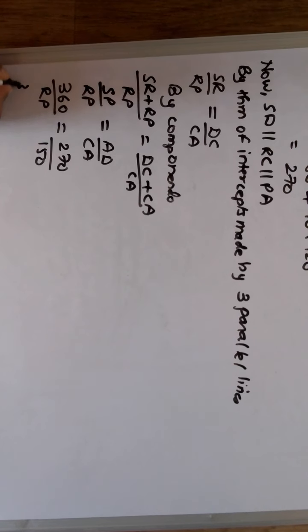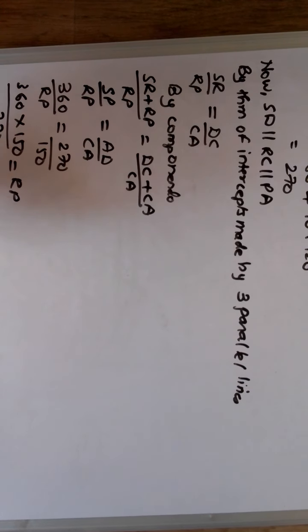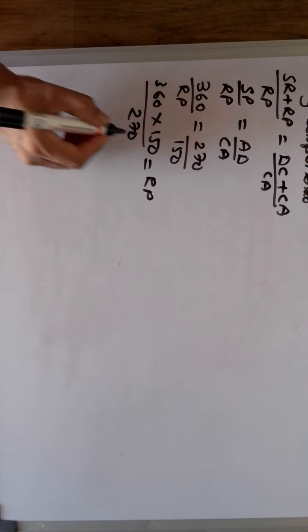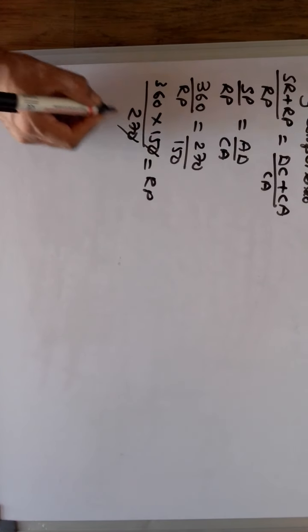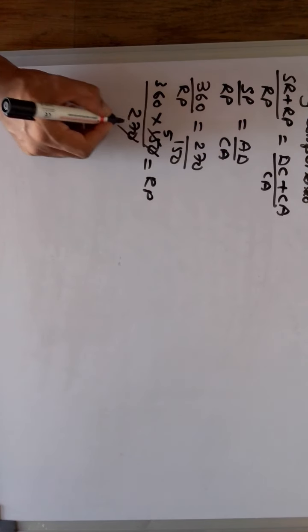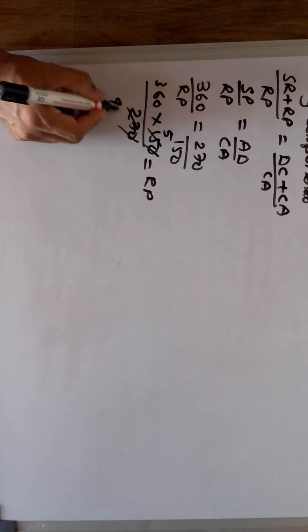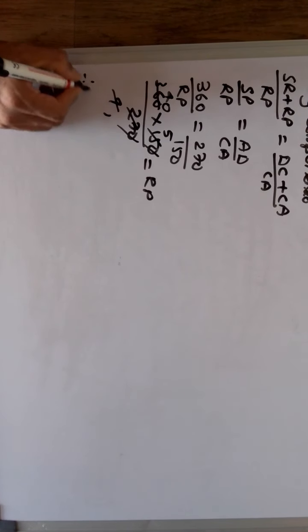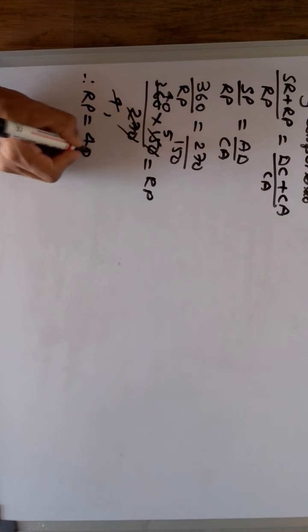So you get here 360 into 150 is to 270 is your RP. So what I get from this? 3 5s are 15, 3 9s are 27, 9 1s are 9, 40. That means RP is your 40 units.